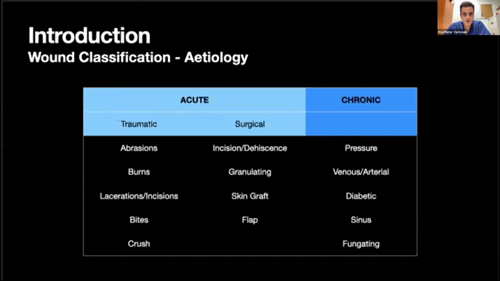Venous and arterial wounds, so vascular surgeons deal a little bit more with that, and the next line down, diabetic feet. And then you can get sinuses into cavities, or into limbs, into deeper collections or bony infections. And then you can get fungating wounds that we quite often see with certain infections or cancer.